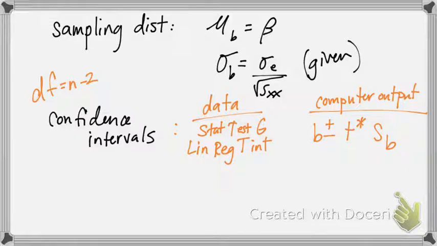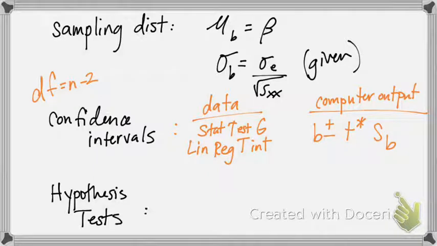And then lastly, hypothesis test. If you're given data, we didn't even do this, but it would be stat test, let me see, F, and this is called a linear regression T test.